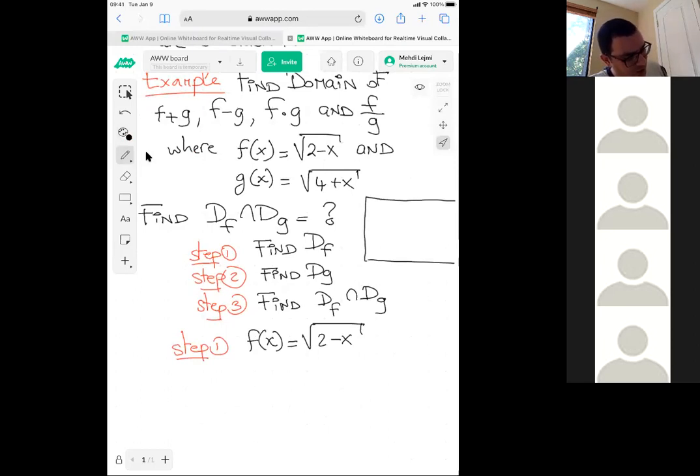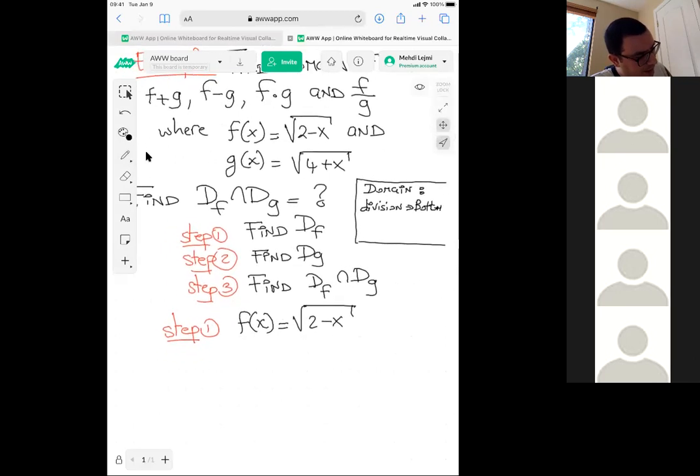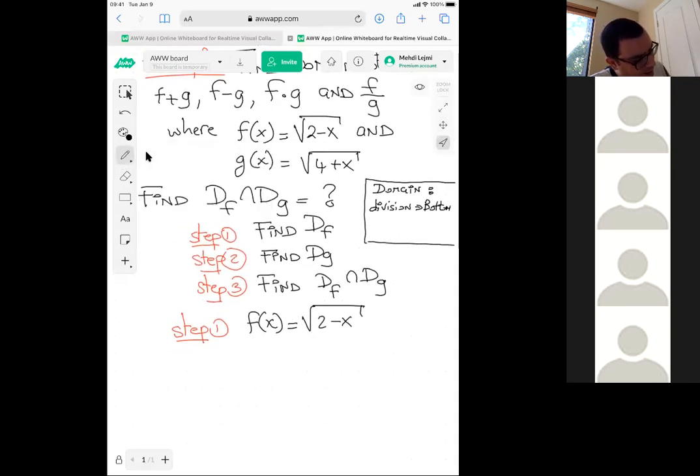If you have a division, then you have to solve the bottom equal to 0. And if you have a square root, then you need to solve the expression under the square root larger or equal to 0.